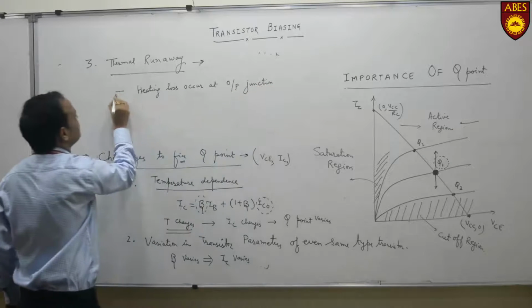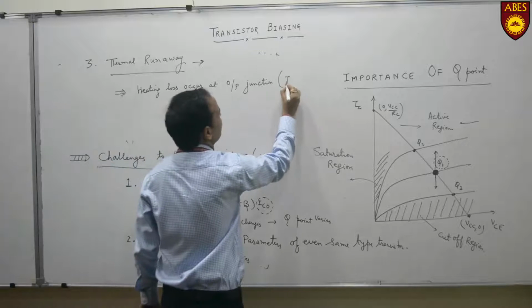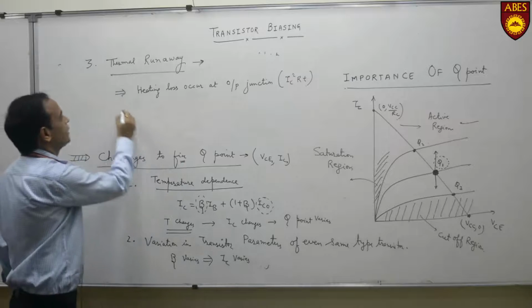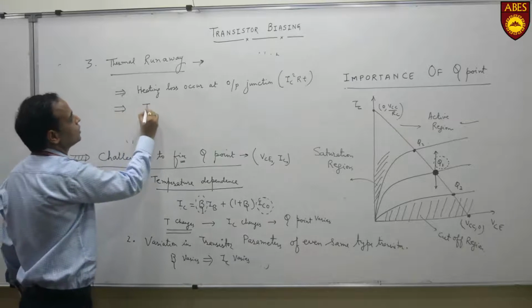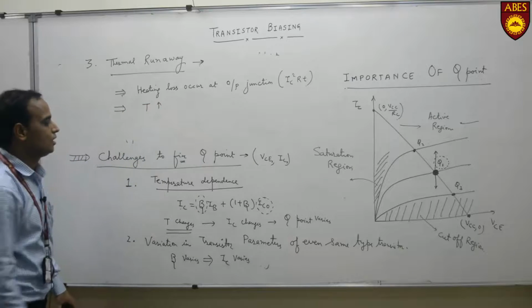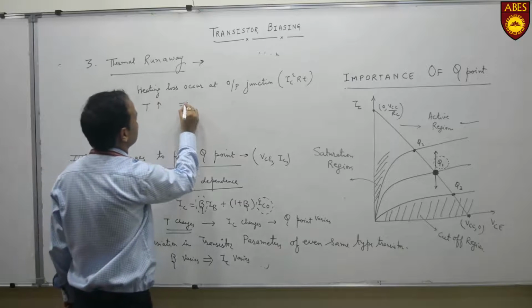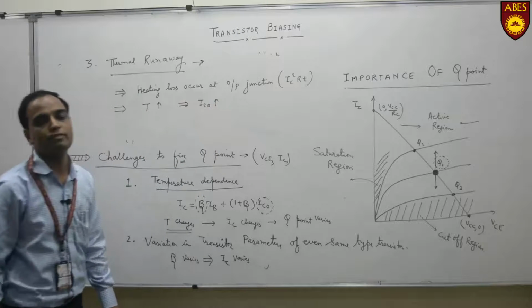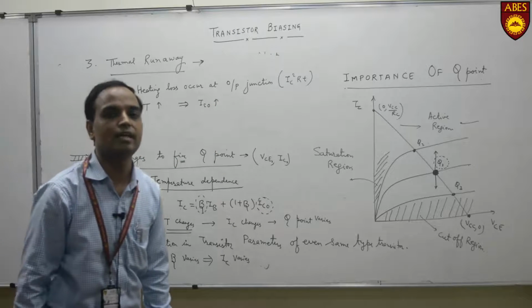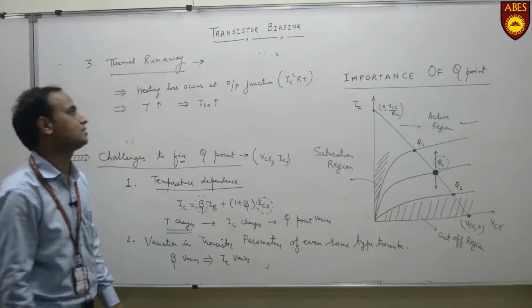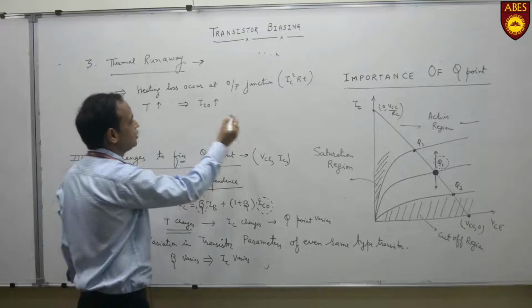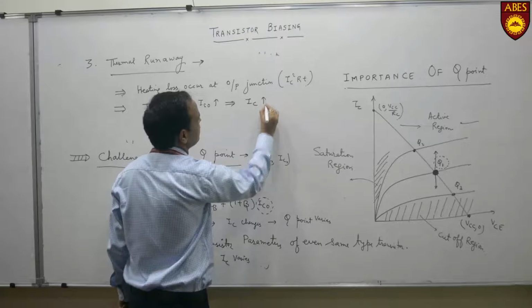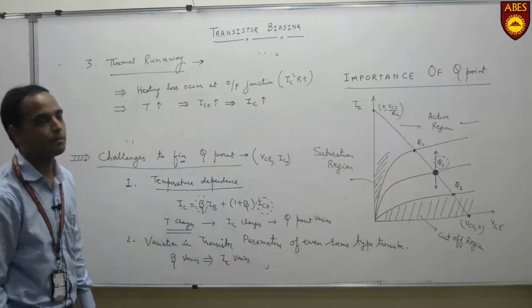Due to this heating loss, primarily referred to as I squared R T, heat develops across the junction and the temperature rises. There is a rule of thumb that the reverse saturation current ICO doubles for every 10 degrees Celsius rise in temperature. So when ICO increases, IC also increases.